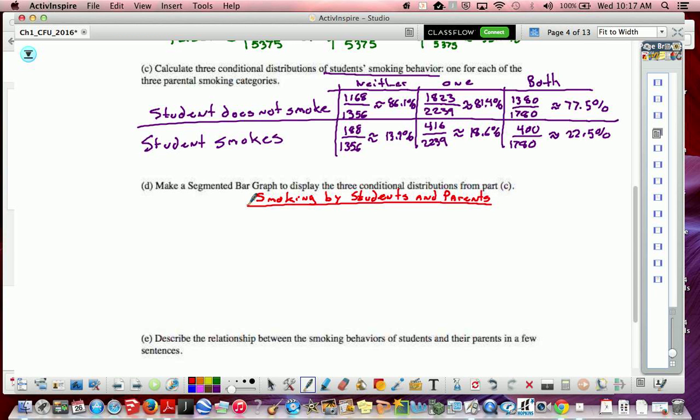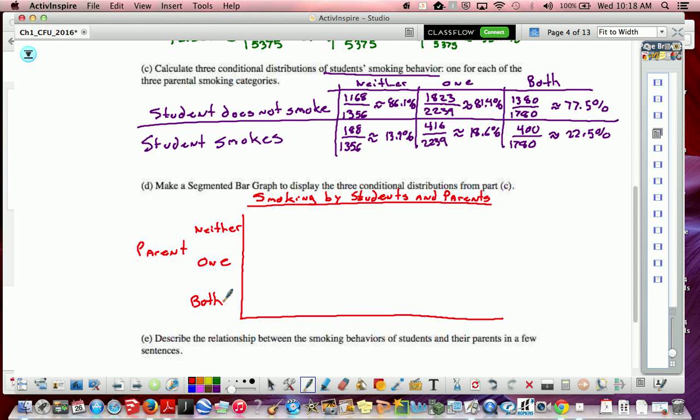So here we're talking about parent, and then we have on the x-axis neither, 1 parent, and then both.